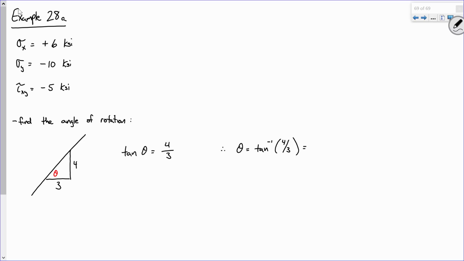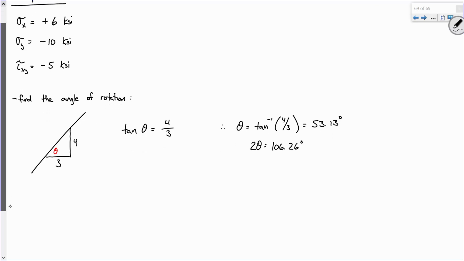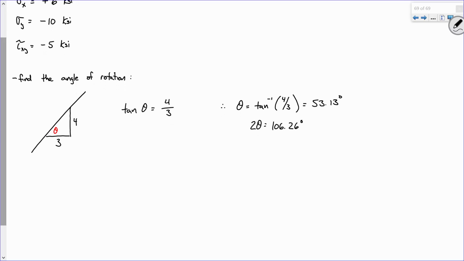Somebody help me out. What do we got? 53.13. 53.13. There we go. All right. So that's theta. Now what I'm going to go ahead and do is just calculate 2 theta, which comes out to be 106.26. Everybody okay with that? All right. From here on in, it's plug and chug.